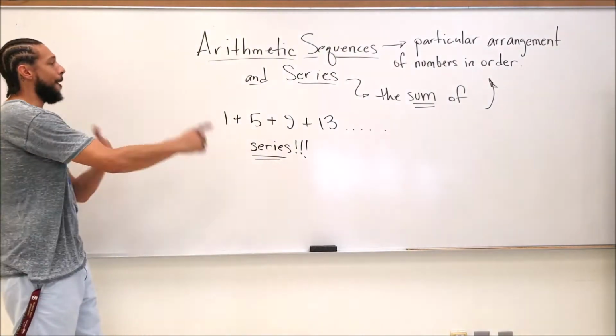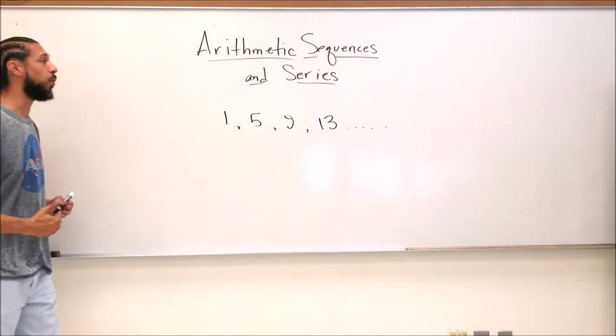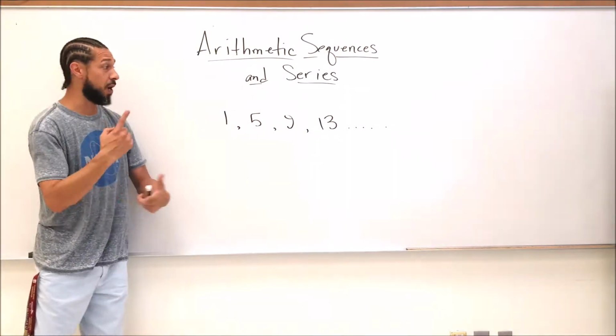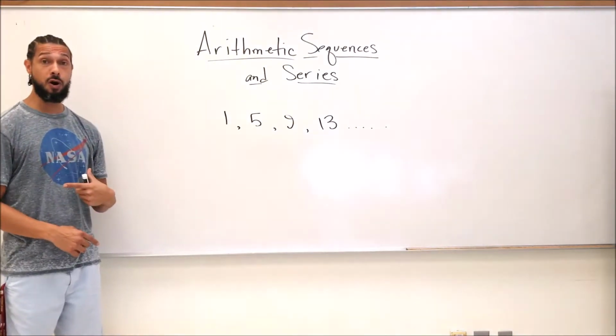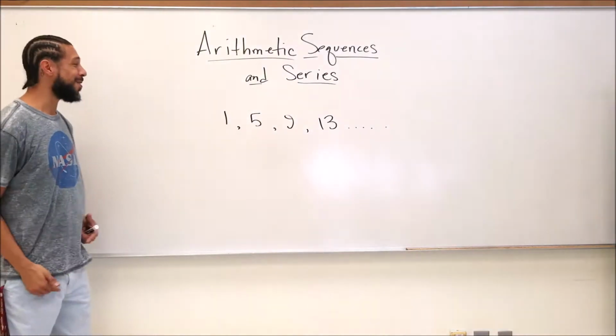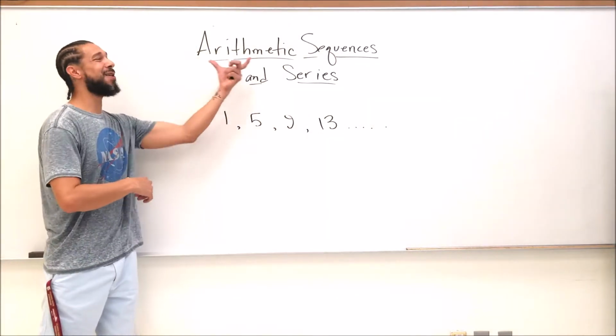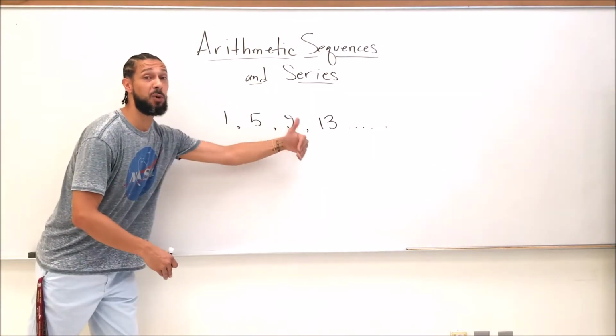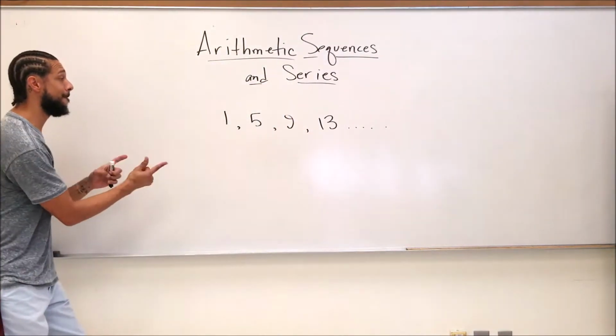Okay, let's do it. So here we are back with our original sequence of numbers. Now, how do you know if a series of numbers is arithmetic or not? I'm going to tell you right now. In every arithmetic sequence, the numbers are separated by what's called a common difference.